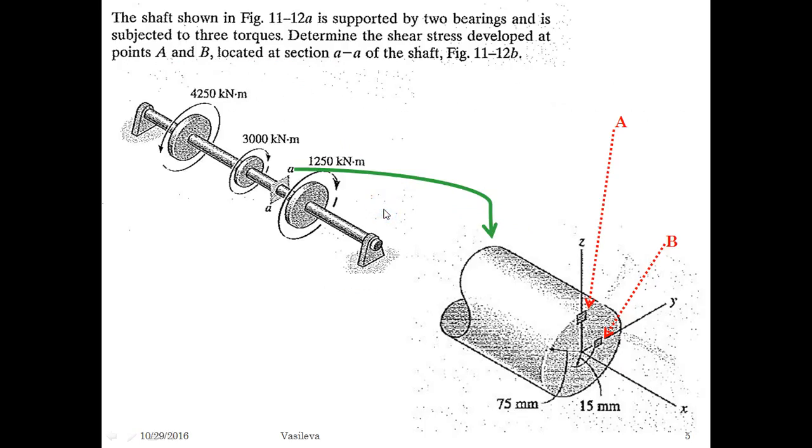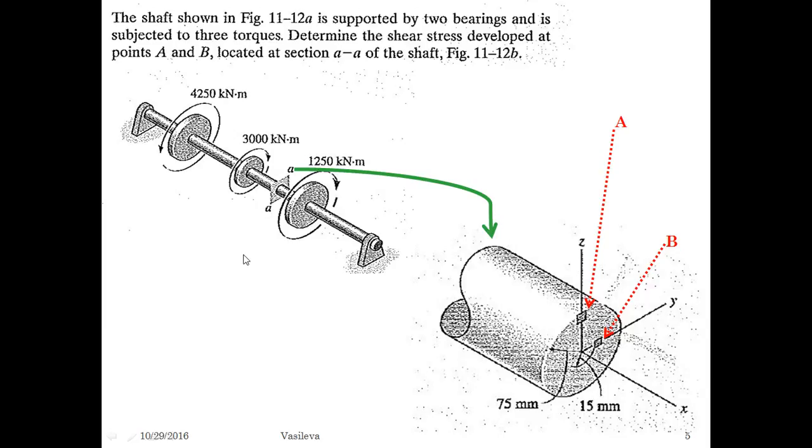So we have a shaft shown, and it's supported by two bearings. It's subjected to three torques. Determine the shear stress developed at points A and B located at section AA of the shaft. We have this shaft, we have these three different torques, and they want us to find the shear stress in this section right here.